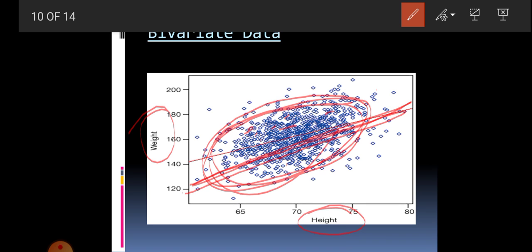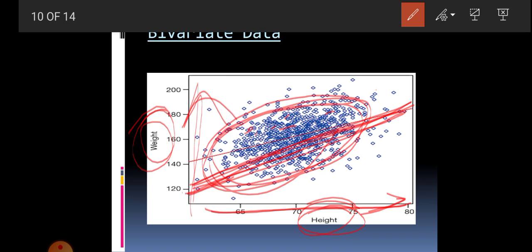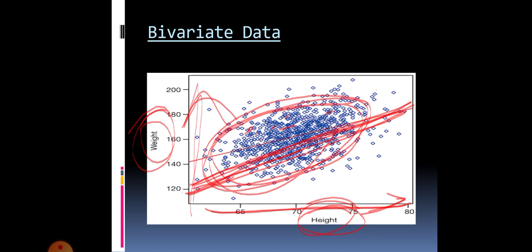If the tendency is going up, from down to up, it means as the height increases, the weight is also increasing. This kind of data is known as bivariate data, in which two variables are there, and we are making our assumptions and finding the relationship. We already know that as height increases, weight also increases.